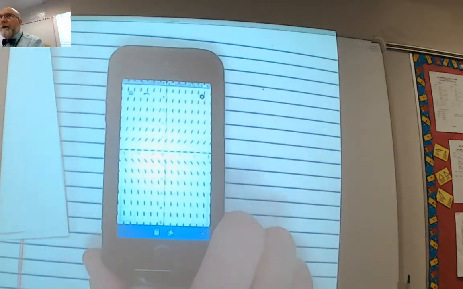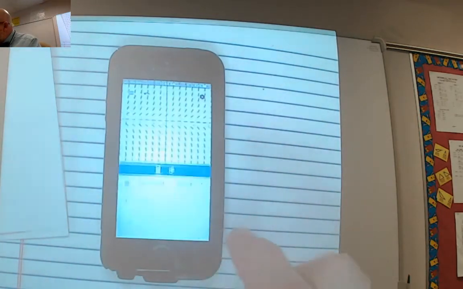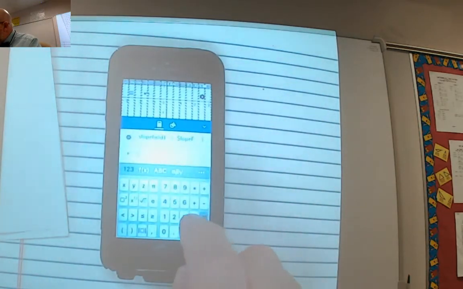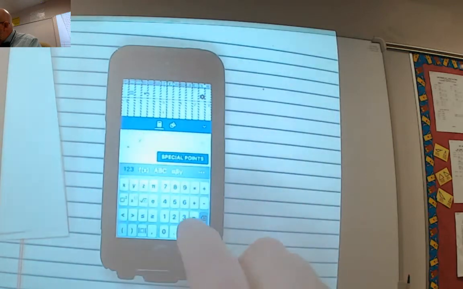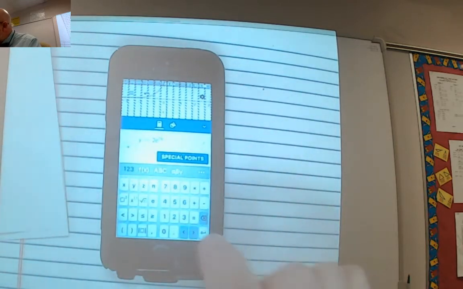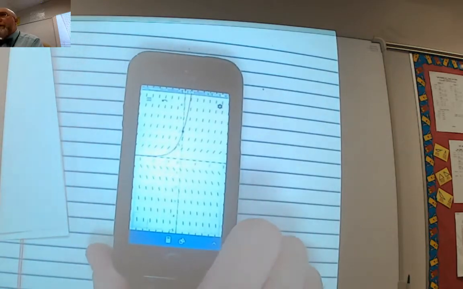Would you agree? Okay. And then I'm going to put in y equals 2e to x. So there's that graph. There you can see it's going through that point 0, 2. You see how it fits in there?